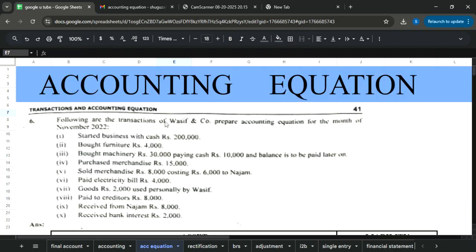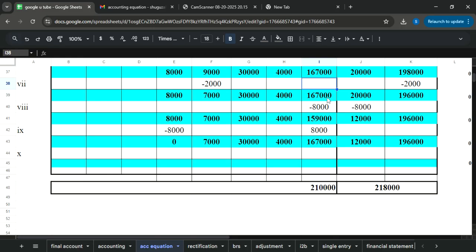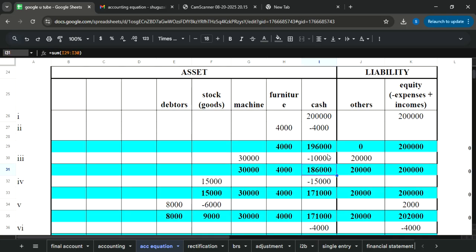Now let's go back and see what entry number 10 is saying. Received bank interest. What will you receive? Amount or cash. So you have received cash 2,000. This is your cash column and cash has been increased by 2,000. I will let you see it again.